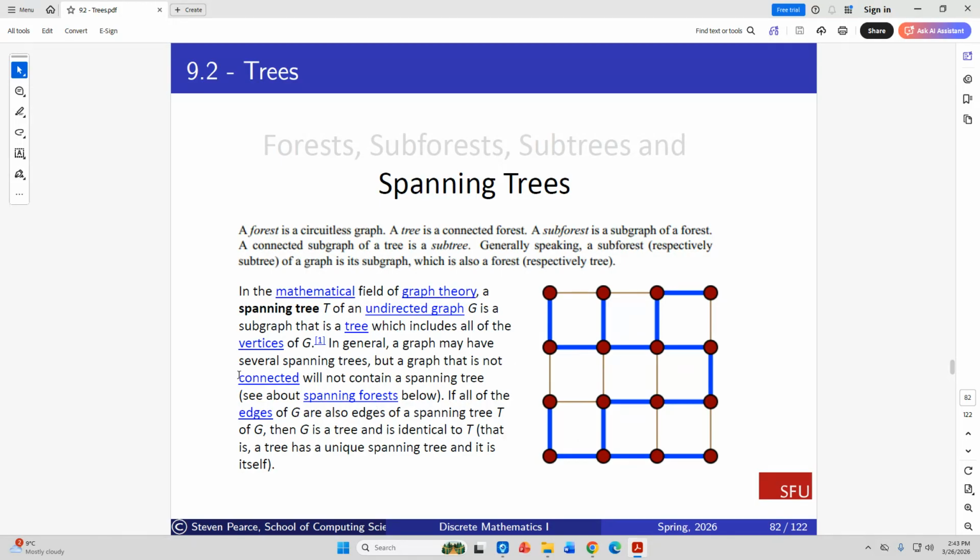In general, a graph may have several spanning trees, but a graph that is not connected will not contain a spanning tree, okay? So all trees are connected. If all of the edges of G are also edges of a spanning tree T of G, then G is a tree and is identical to T. That is, a tree has a unique spanning tree and it is itself, just like the idea of subset.